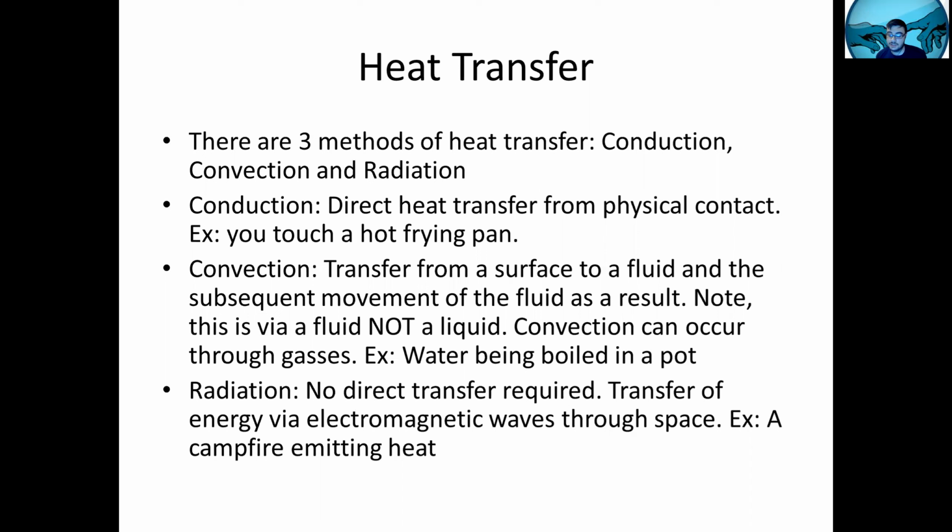And then lastly is radiation, which is no direct transfer required. It transfers thermal energy via electromagnetic waves through space. For example, a campfire just emits heat. You don't need to touch the fire.